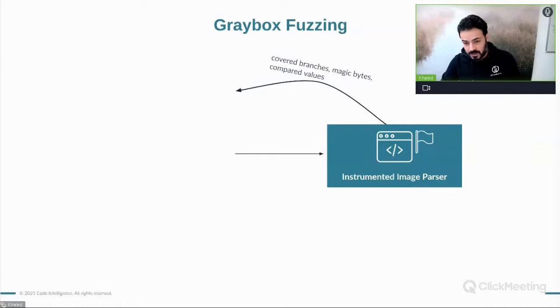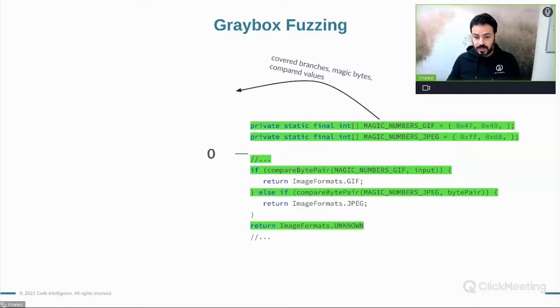So in this example, let's take the image parser. A fuzzer would start, let's say, with a null input, and the application is executed, and from the instrumentation it gets the following information.